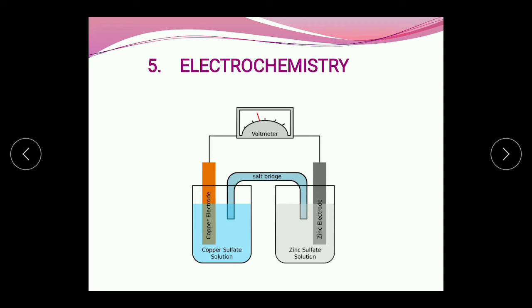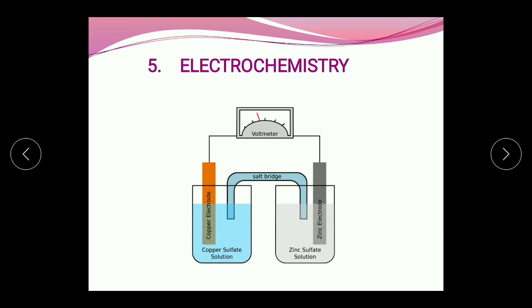Then only we get 0 voltage. If we are unable to maintain the conditions, we can also calculate EMF by using the Nernst equation. That also we learned in the previous session. So that is all about SHE.